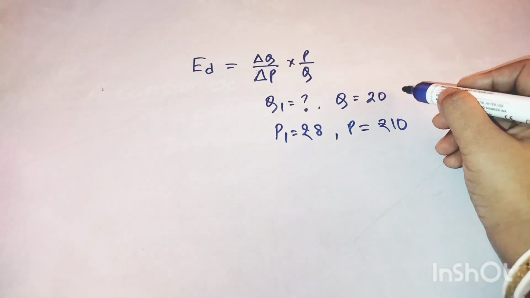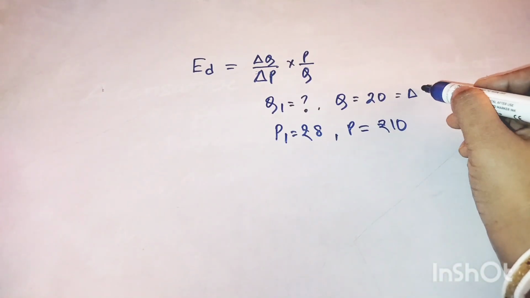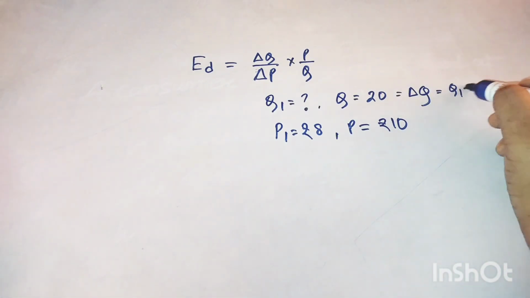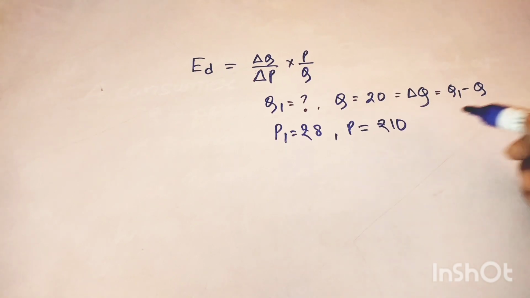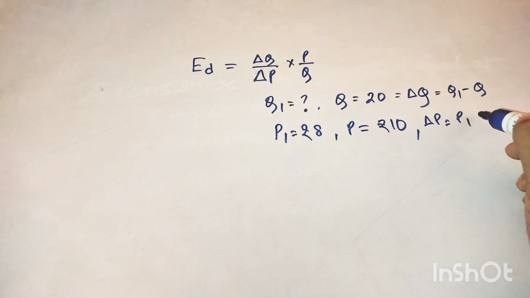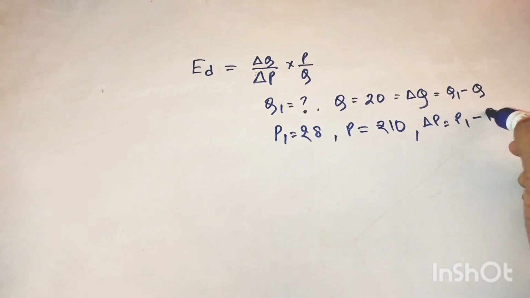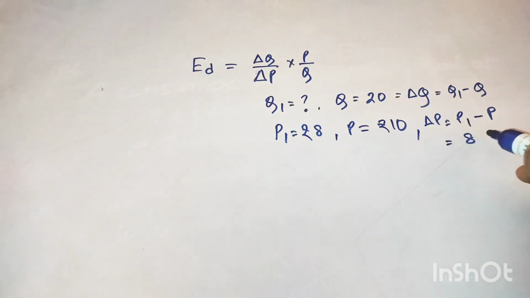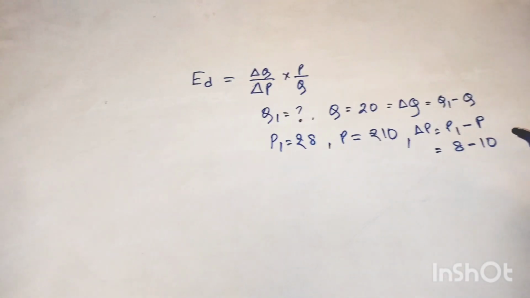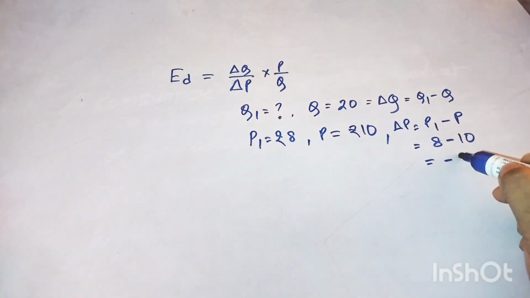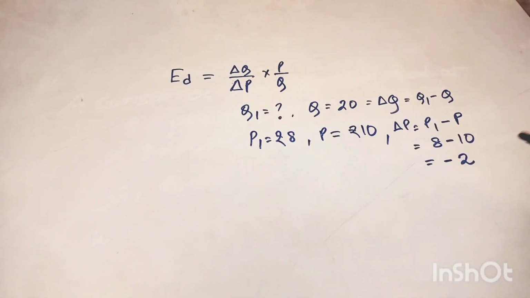What do you have to find out? Del Q. How are you going to find del Q? Del Q will be equal to Q1 minus Q. Del P will be equal to P1 minus P. What is P1? 8 minus 10. That means del P is -2.